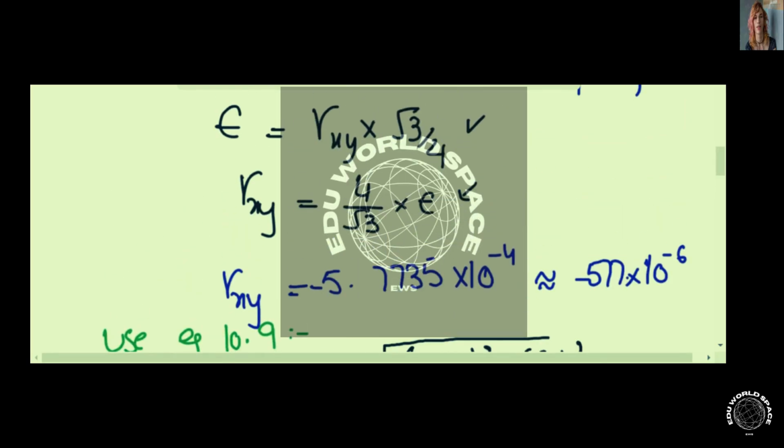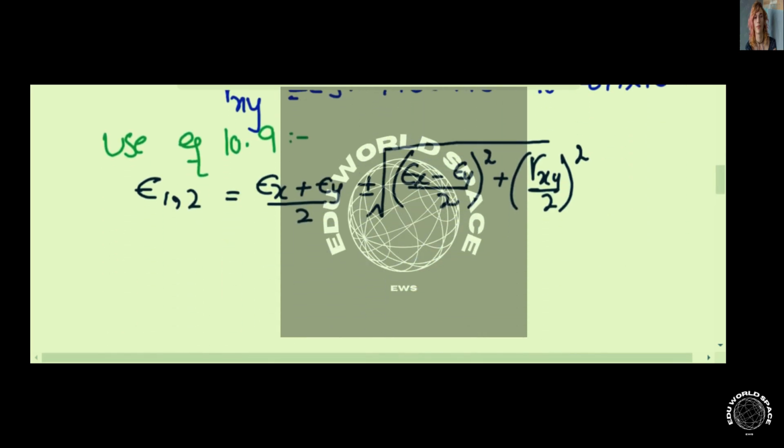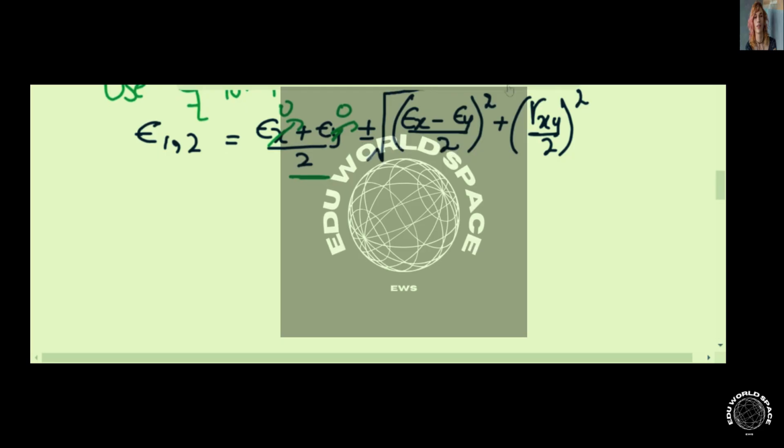As you can see here, there is no strain in the x and y direction, so they are basically 0. This term would be equal to 0, and so would this term.